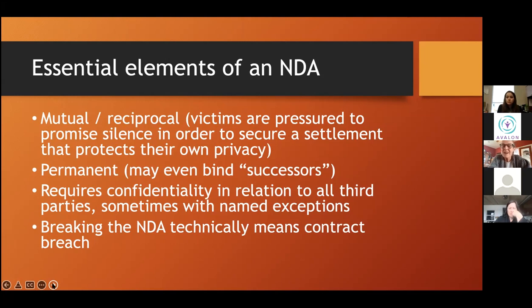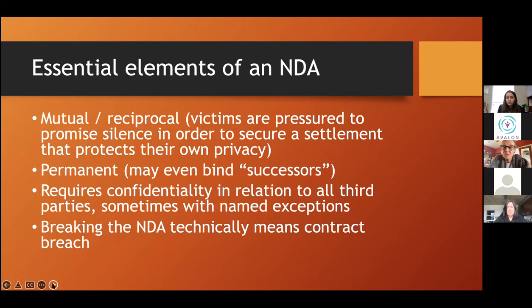They include, it must be fully understood, almost never fully understood. It must be done without duress. People describe duress all the time, of course, to sign these. And maybe most important of all, the NDA in the legislation will not be enforceable if it harms or affects the safety of a third party.